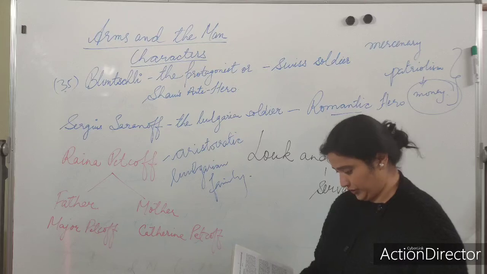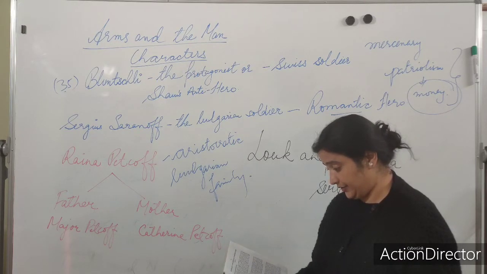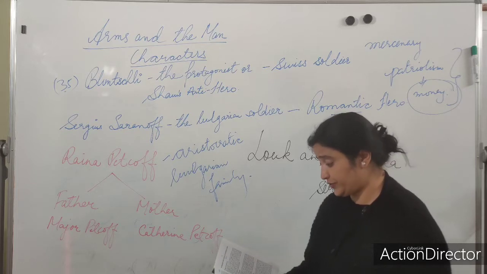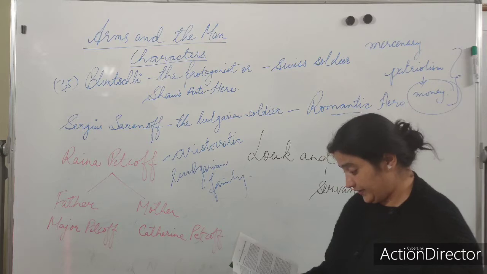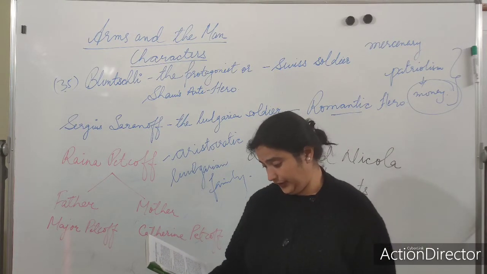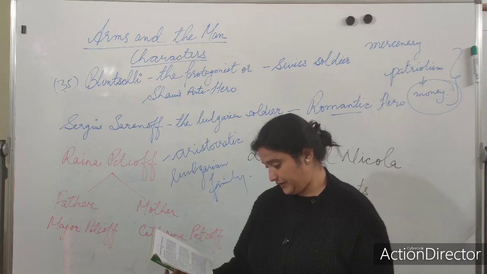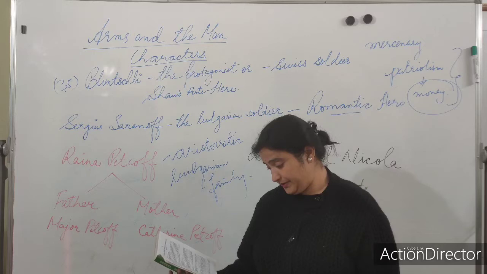She is over 40 and she's energetic, imperious, and she belongs to an aristocratic family, and she's proud of this fact. And so is Major Petkov. He's Catherine's husband. Okay, he's around 50. He's a cheerful, excitable person.